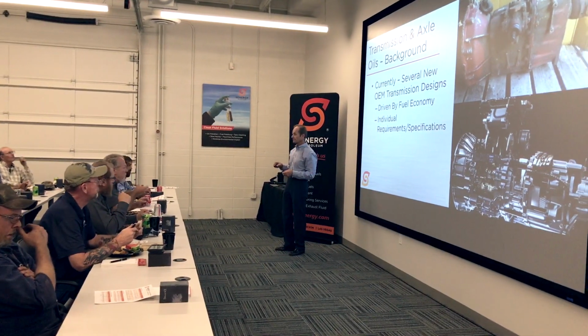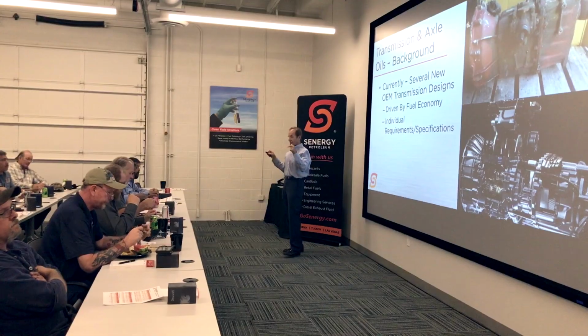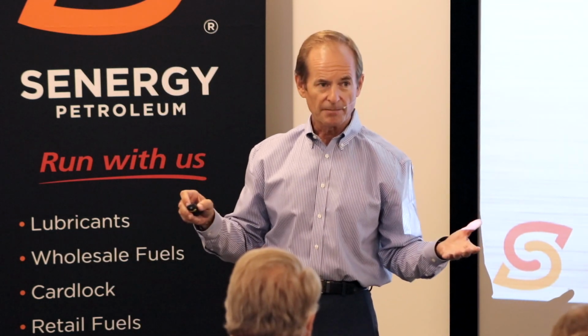So not only are they expecting this oil to perform well in their new transmissions, they're also expecting it to last longer. If you think back a few decades, the Eaton Road Ranger extended warranty program, 500,000 miles, was like, oh my gosh, that's a long distance.